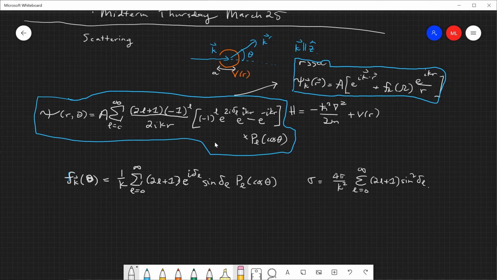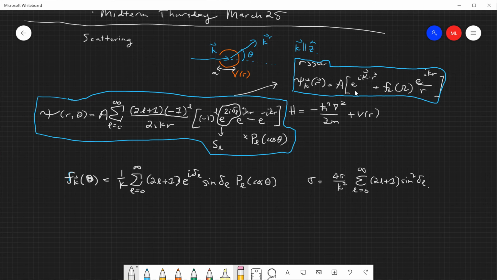And the other important thing to note is that if the phase shifts all vanish, and they only come in here in the solution, if all the deltas are 0, then this just becomes 1. And then you just get an expansion for the plane wave part. And these guys are called the S matrix elements for the Lth partial wave.